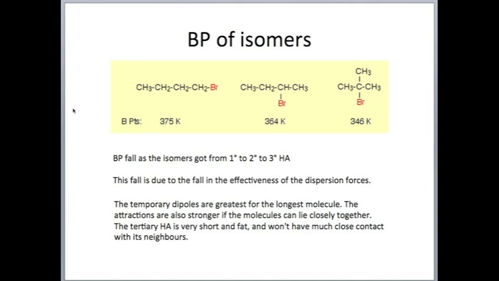The temporary dipoles are greatest for the longest molecule, and the attractions are also stronger if the molecules can lie closely together. The tertiary halogenoalkane, as we can see, is very short and quite fat. Therefore, it won't have much close contact with its neighbors, so it's got a lower boiling point.